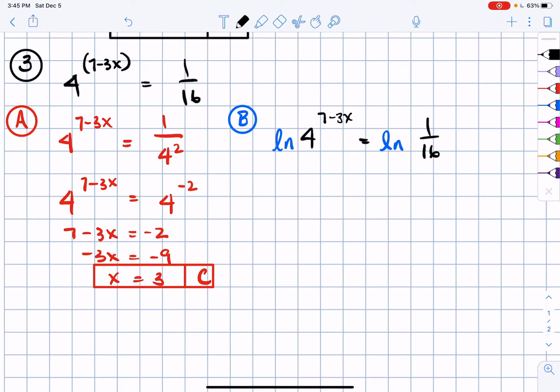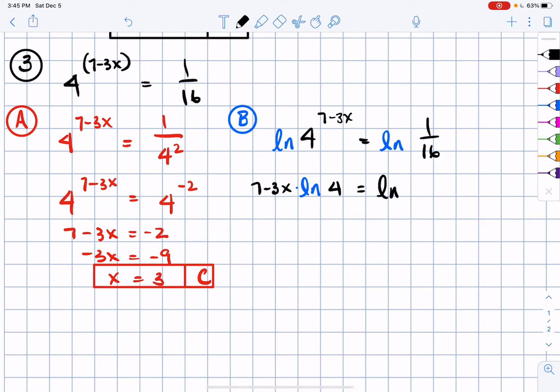So what you would do from there, okay, on the left side here, the blue method is a power rule. So I'm going to have this 7 minus 3x times the ln of 4, which is equal to, and then on the right is a division rule.